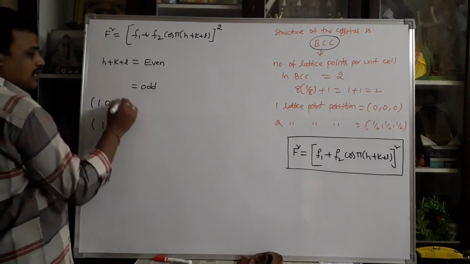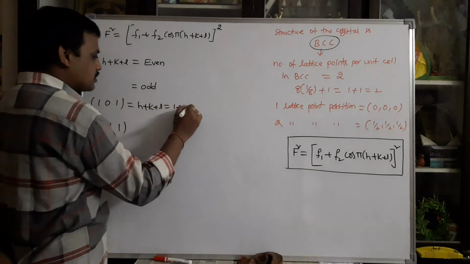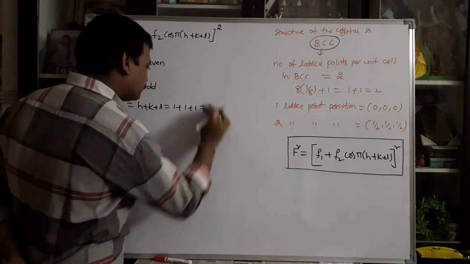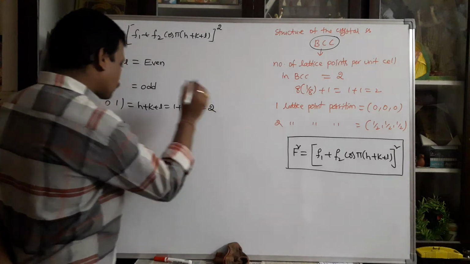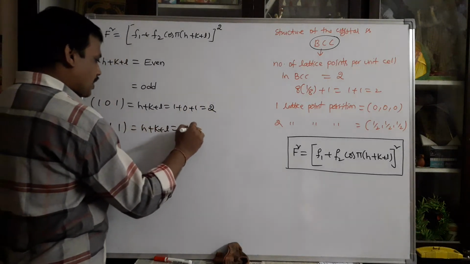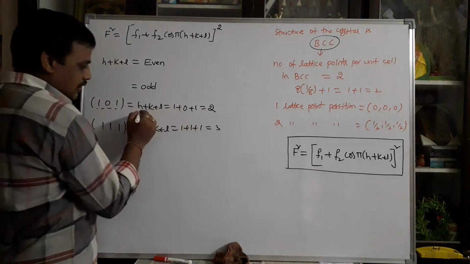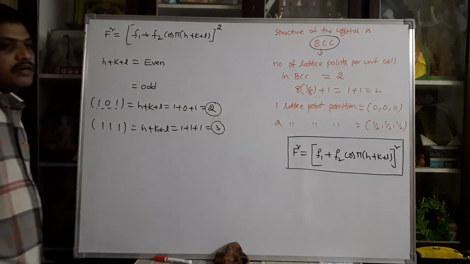For 101, h plus k plus l is 1 plus 0 plus 1, which is 2, and for 111, h plus k plus l is 1 plus 1 plus 1, which is nothing but 3. Depending on the plane, the sum of the Miller indices may be even or odd.